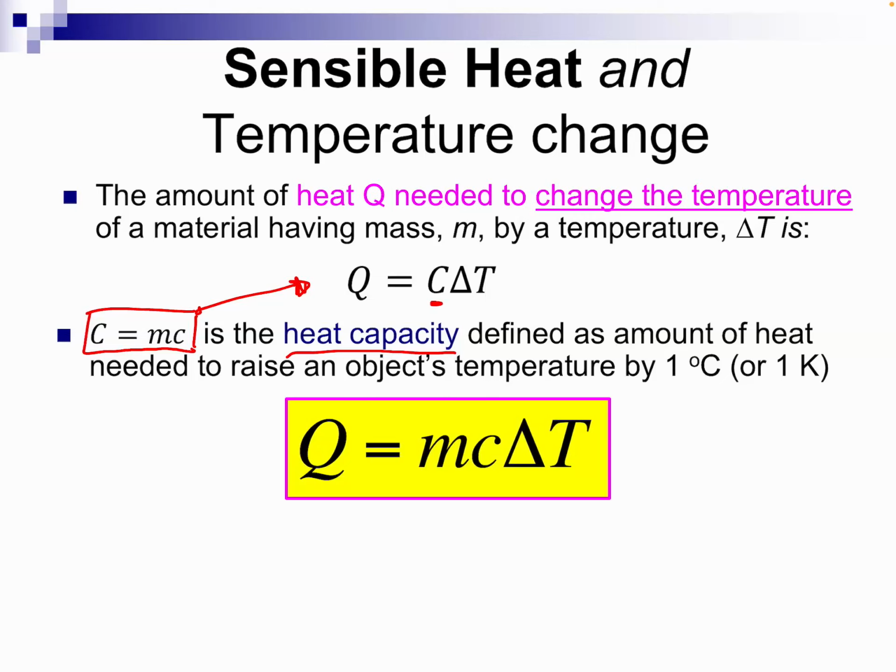So going forwards, we will usually just use this form. The amount of heat needed to change the temperature of the object as a result of internal energy being transferred from one object to another.